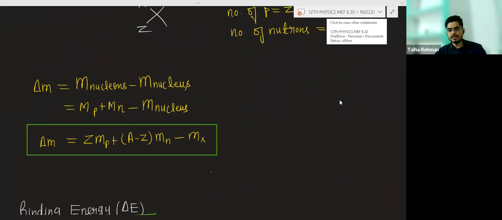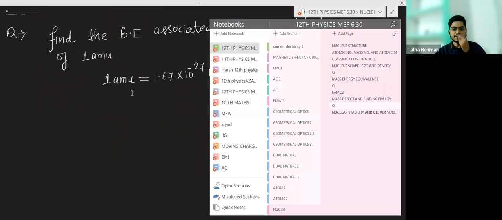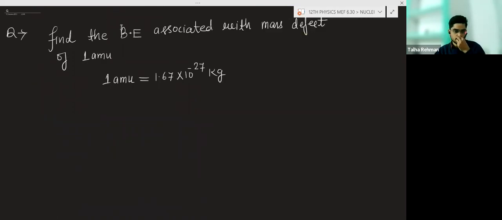One question we will solve, and after that we will wind up. In this question they are asking to find the binding energy associated with a mass defect of 1 AMU, and the value of 1 AMU is given. This question is very easy.